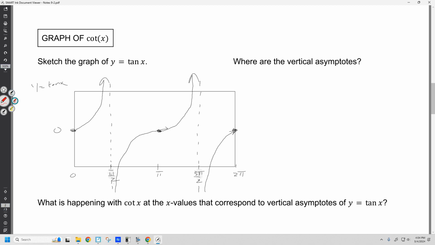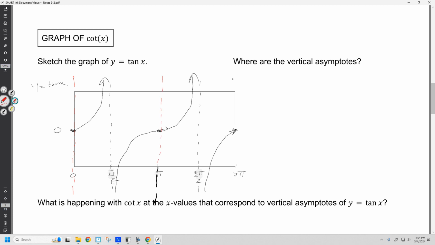Okay. Flip these y values. What does it look like? What happens when you flip 0? Let's start with that. All of a sudden, we have vertical asymptotes over here, and over here, and over here.